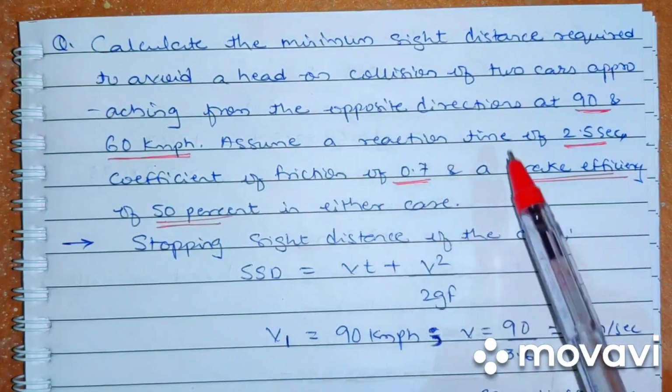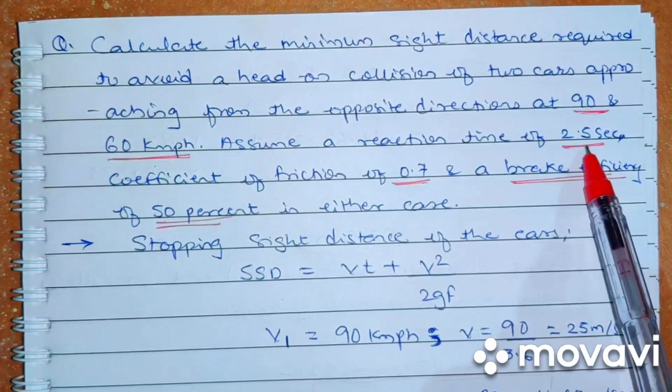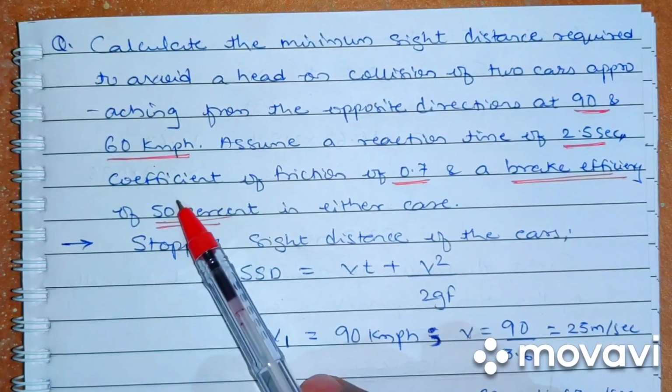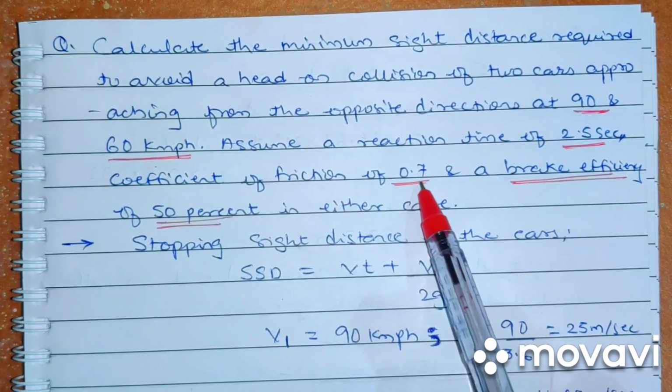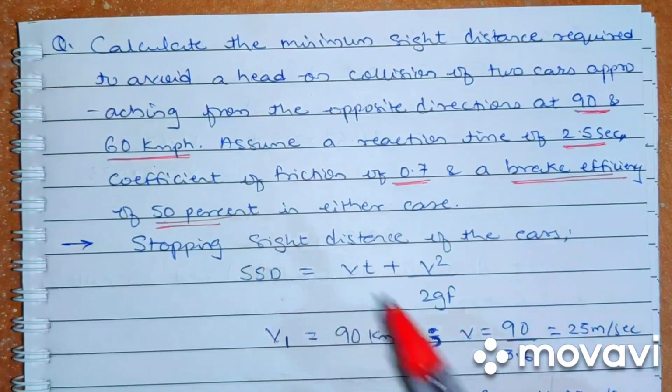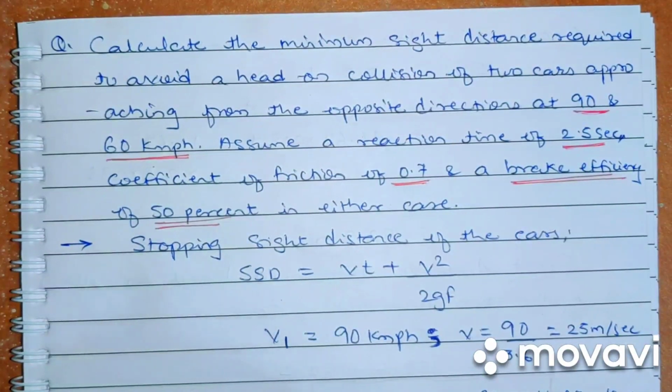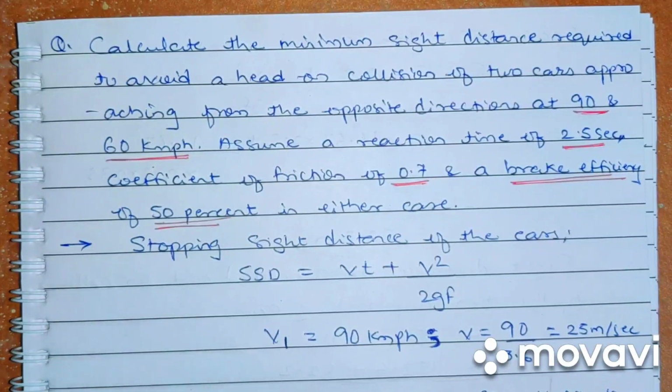Assume the reaction time of 2.5 seconds, the coefficient of friction of 0.7 and a brake efficiency of 50% in either case. So we'll see the solution.